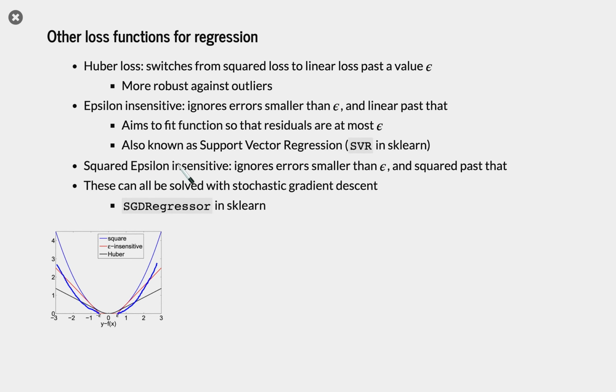Squared epsilon insensitive you can see as kind of a least squares SVM solution. If you want to have a solution which does not fit the data points exactly, but has a guaranteed maximum error, you can use one of these. Now, all of these can be solved with stochastic gradient descent. And if you want to do that, you can use the SGD regressor in scikit-learn and then use the loss function that you want to use.